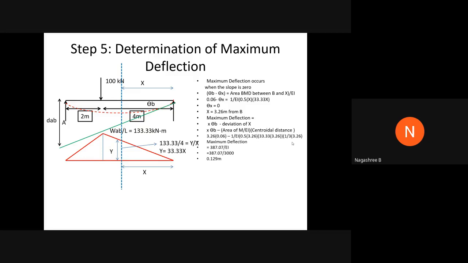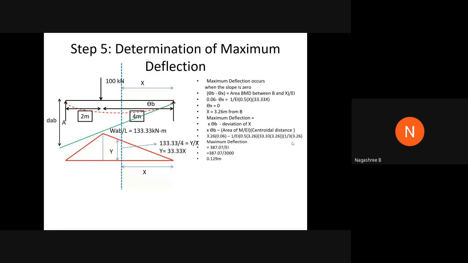Whenever it is a center concentrated load, the maximum deflection will be exactly below the loaded point itself. But if it is asked with an eccentric distance, as I have given here, then you are supposed to take a section. You can take it with reference to B or with reference to A. Here I have taken it with reference to B.